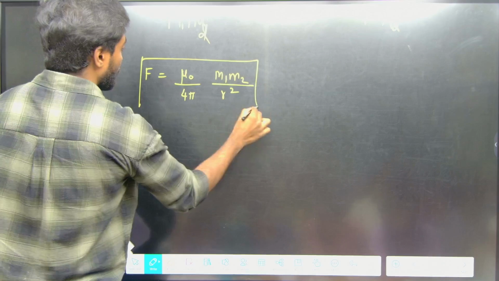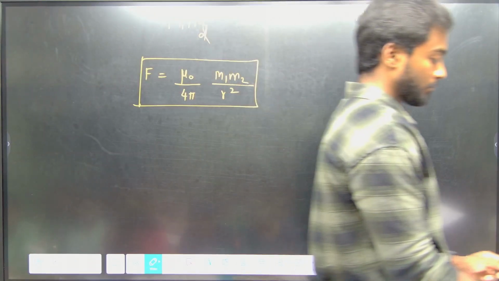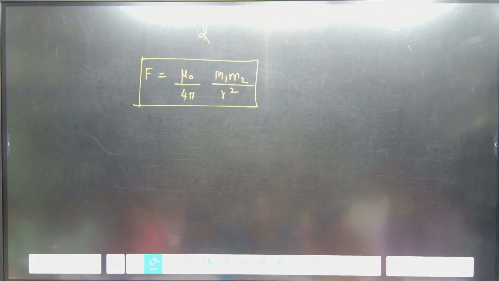This is my Coulomb's law in magnetism. So what is the value of mu naught by 4 pi? 10 power minus 7.